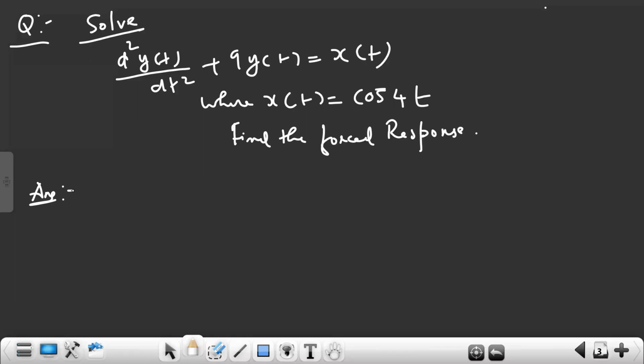R square plus 9 equal to 0. Why are we putting 0? Because the RHS has the input term. First we are finding the natural response, and to find the natural response, you have to set your input as 0. That is why the RHS has become 0.